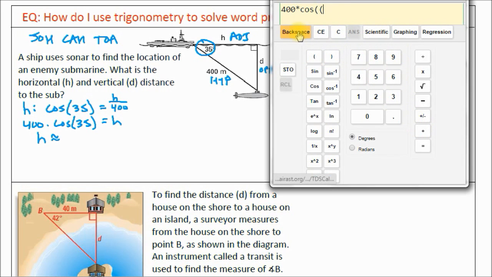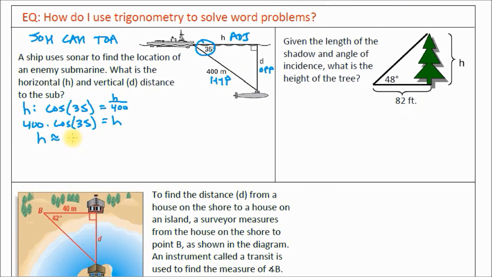Sorry, I didn't notice that the calculator already put the parenthesis in there for me. There we go. 400 times cosine of 35. Press equal. We've got 327.6. Let's round that to 327.7. So 327.7 meters. There is our first value.